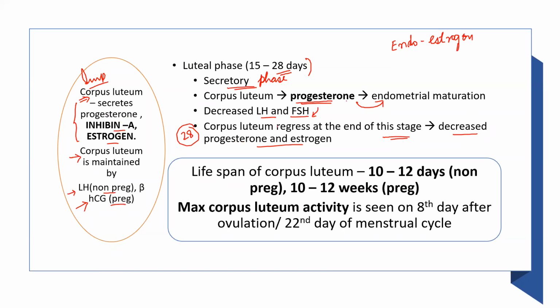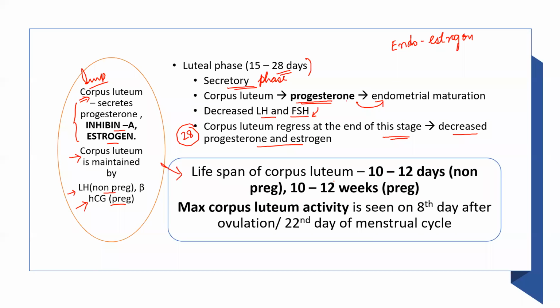So in the luteal phase, remember it's the secretory phase, the corpus luteum secretes progesterone, and progesterone leads to endometrial maturation. In this phase, LH and FSH are reduced. At the end of this stage, because of decreased progesterone and estrogen, the corpus luteum will start regressing.